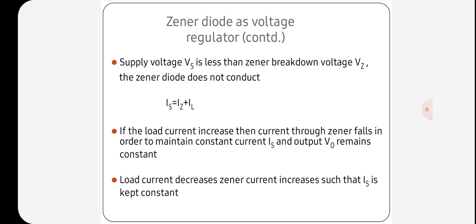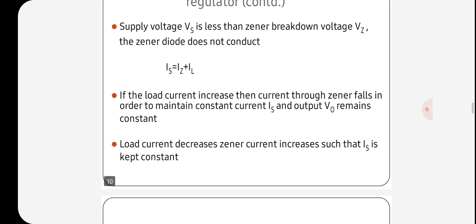If load current decreases, Zener current increases such that Is is kept constant.